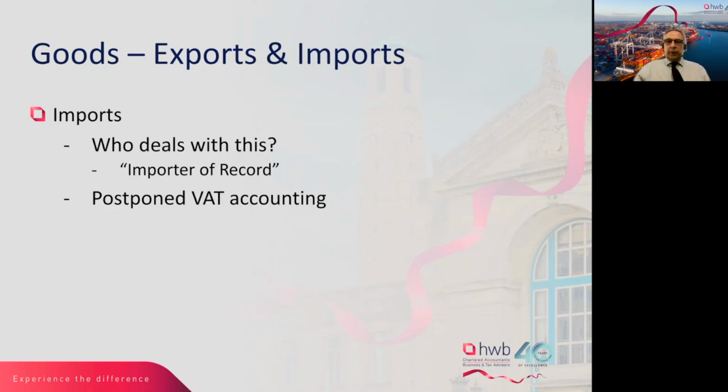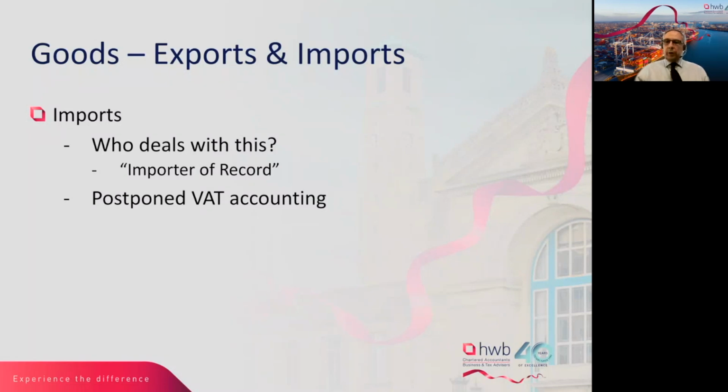The flip side to this is imports. Now, here we'll be looking at the imports into the UK as well as abroad. The same place of supply rules apply to imports, but when goods arrive in a new country, including the UK, there are additional VAT considerations in the form of import VAT.